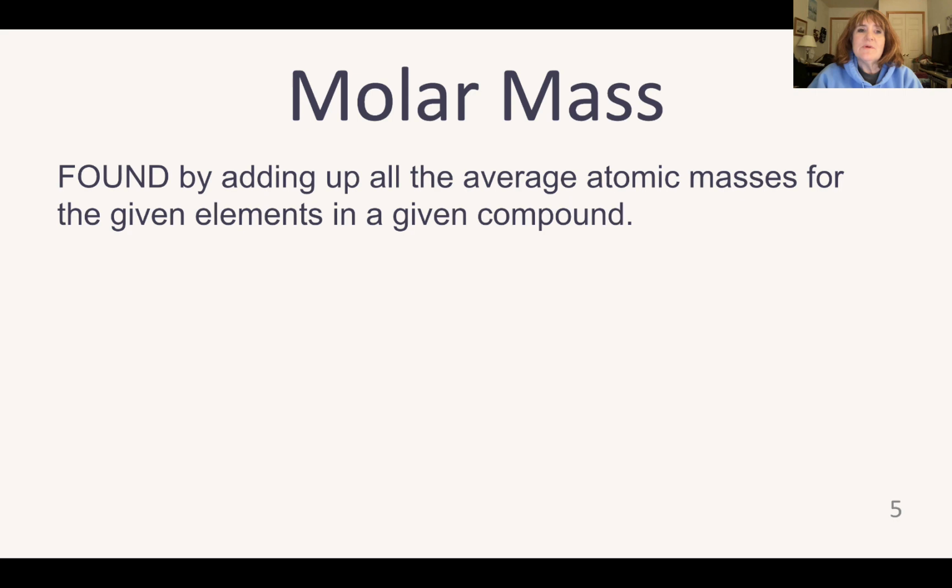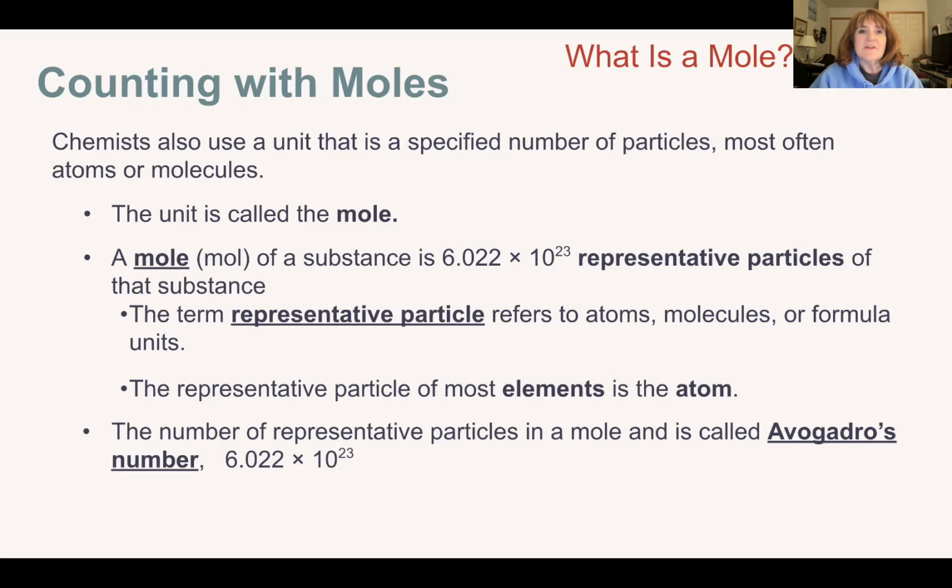Molar mass we found by adding up all the average atomic masses for the given elements in a given compound. So remember that a mole is 6.02 times 10 to the 23rd representative particles, or there's that many particles in any one mole of any one substance.